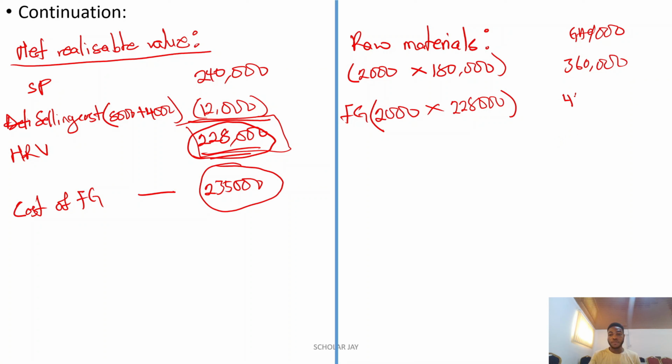So 556,000. Okay. So when you add 556,000 plus 360,000, what do we have? You end up getting 816,000. So this brings us to the end of the computation.